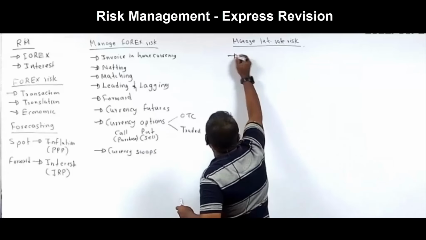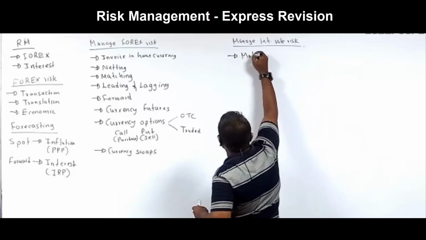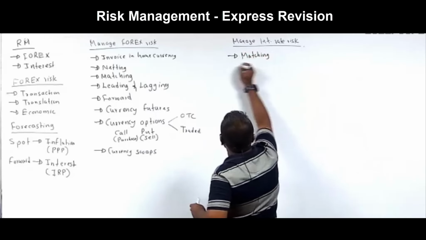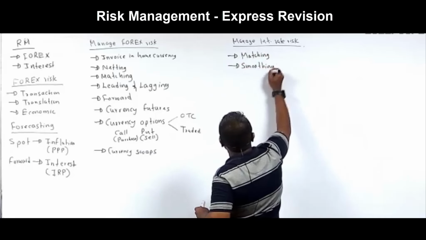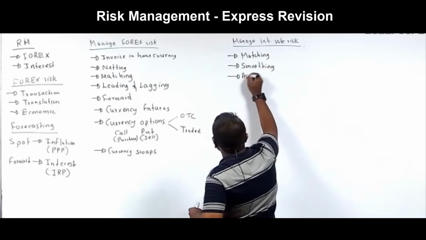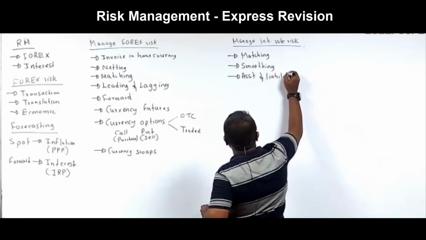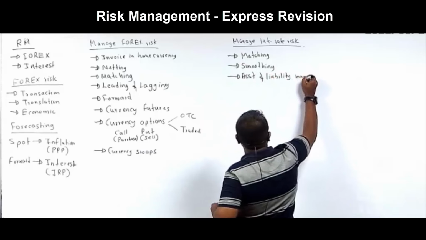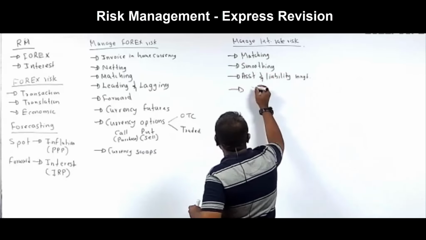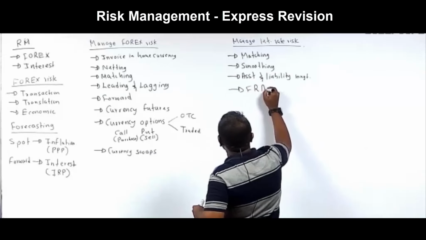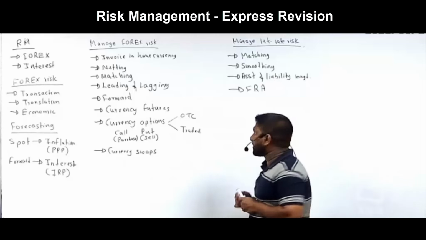One technique that we learn, matching. Other one is smoothing. And next one we learn assets and liability management. Then guys, we moved into the forward rate agreements, FRAs, interest rate forward rate agreements.